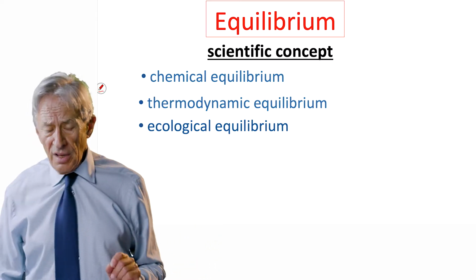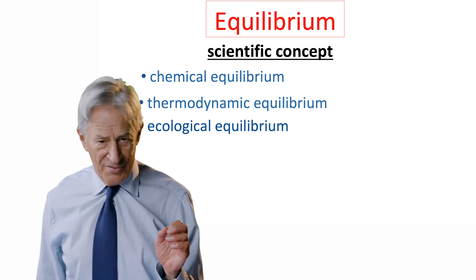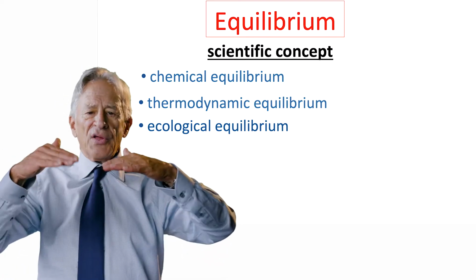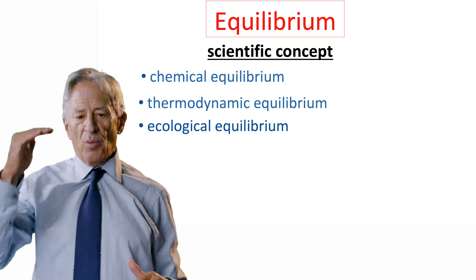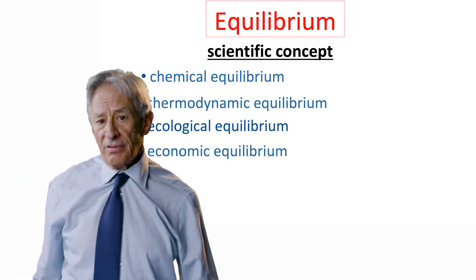We talk a lot about ecological equilibrium, at least in the old days they did, where a population would rise to a carrying capacity and then stay at equilibrium there. That's ecological equilibrium.